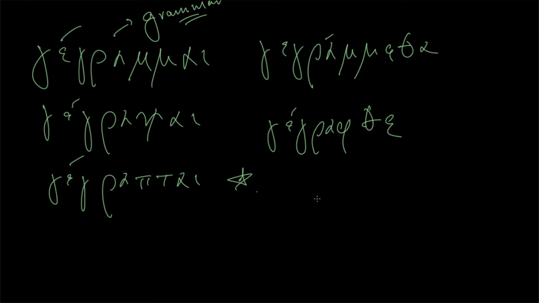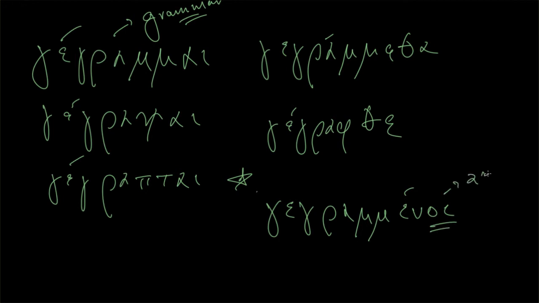This is much more of what English tends to do with these different tenses. So we're going to take our passive participle, gegrammenoi. And why is it oi? Well, this is a second declension participle, and we're going to give it masculine plural.